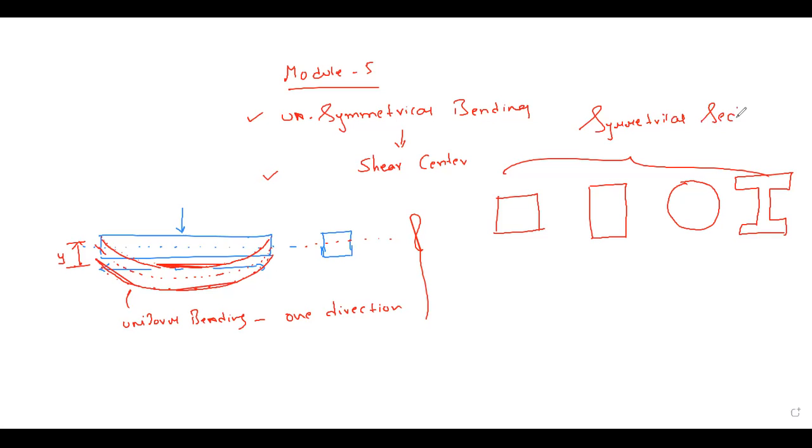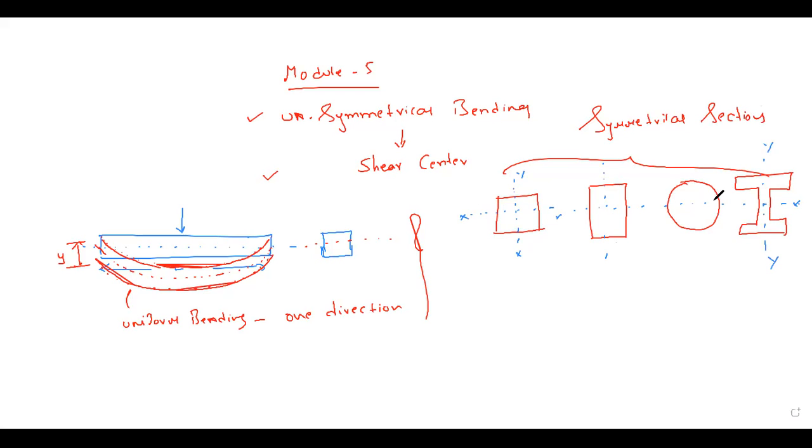Why are these called symmetrical sections? The x-axis and y-axis of these sections are symmetrical. If you cut the section in the y direction, there will be equal halves. If you cut the section in the x-axis, you can also find equal halves. So I can consider all these sections symmetrical in nature.